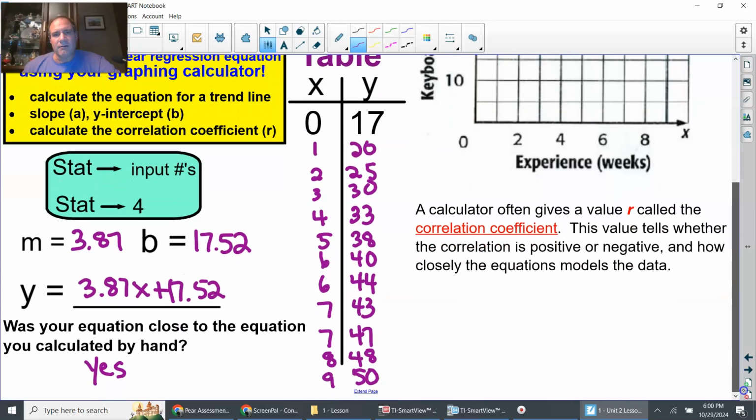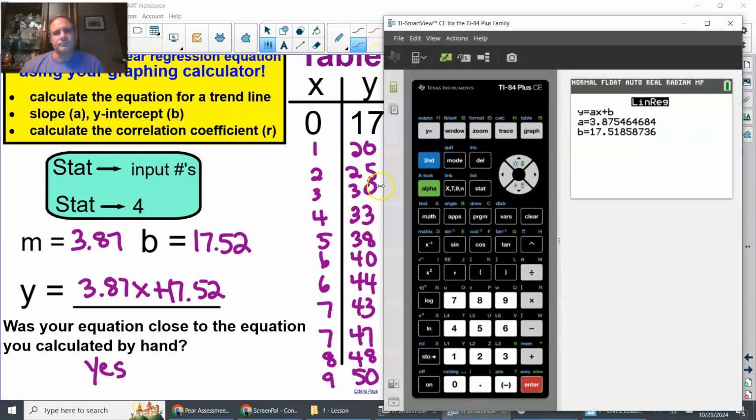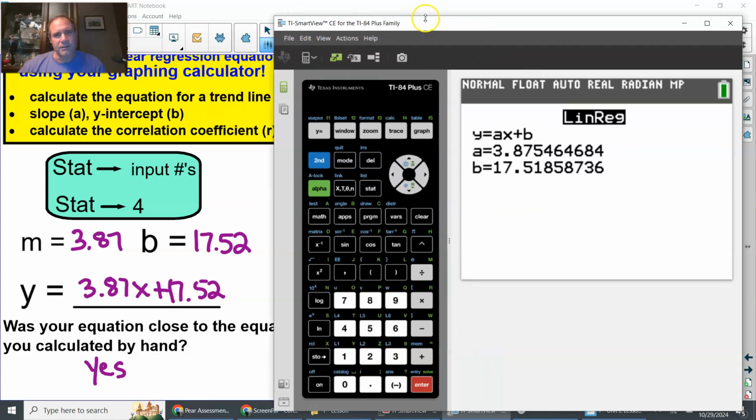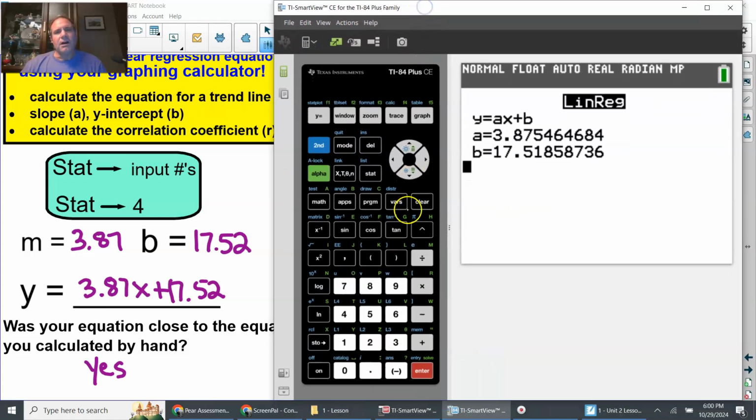When we go down to get this R, we're going to get it using the calculator. So we're going to bring up the calculator, and I just want to show you how to get that correlation coefficient, the R. Right now, when you're taking a big test, your proctor or teacher might ask you to reset the calculator.